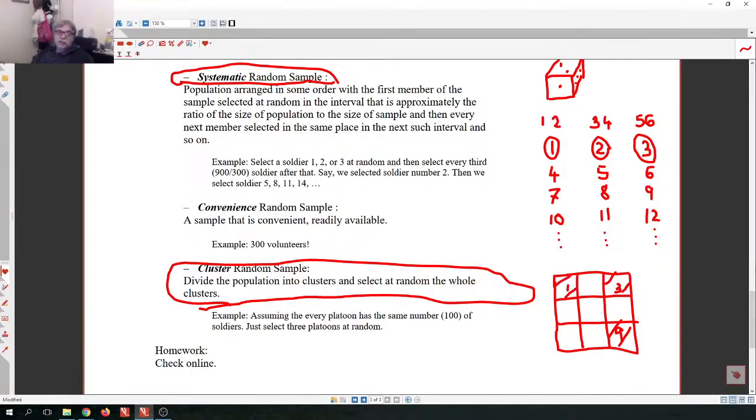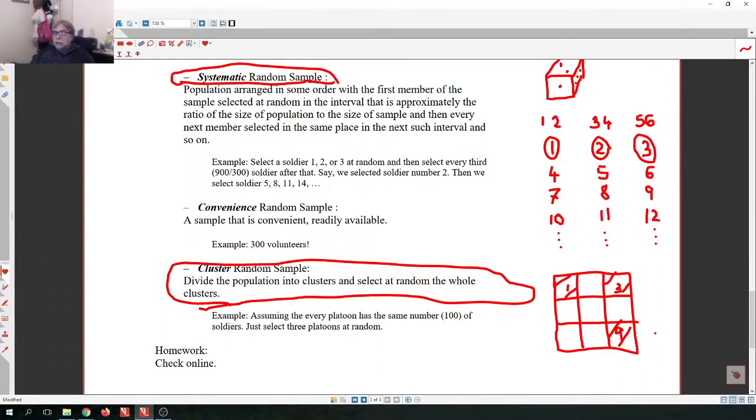So which means I would select whole platoons. Okay, this is with significantly more bias, right? In this particular situation, I would have platoons that were not selected, 6 of them, where no soldiers would leave the base, but there would be 3 platoons that would be completely selected.